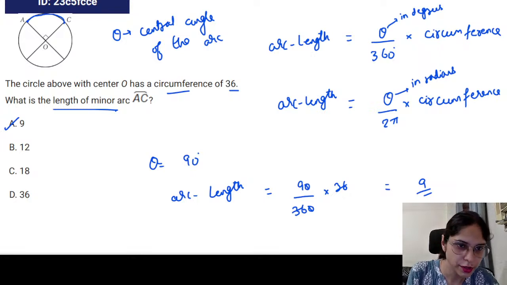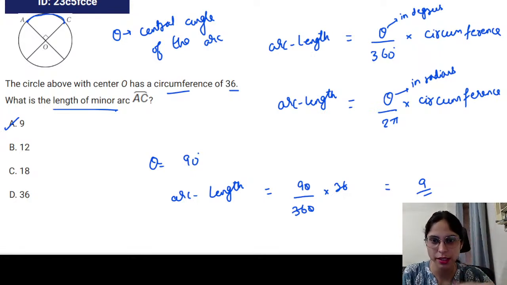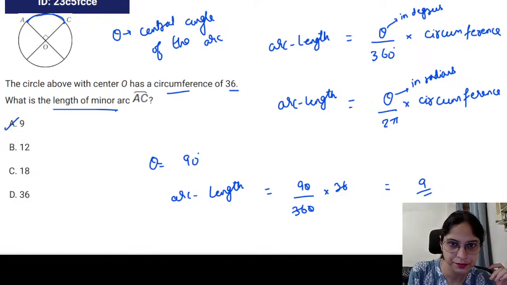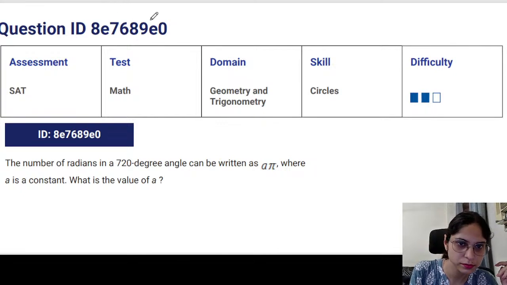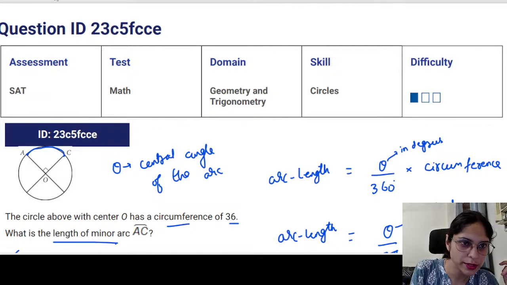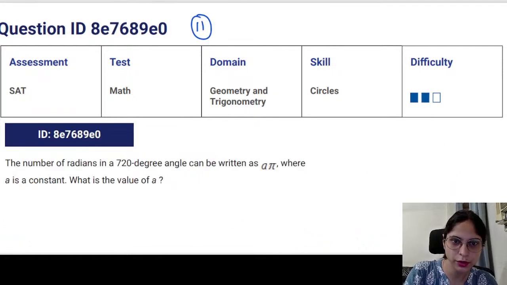So first is question number 11, that is how to convert degrees to radians and radians to degrees. Let me write the question numbers as well. Over here it's not much necessary because the page number is your question number.